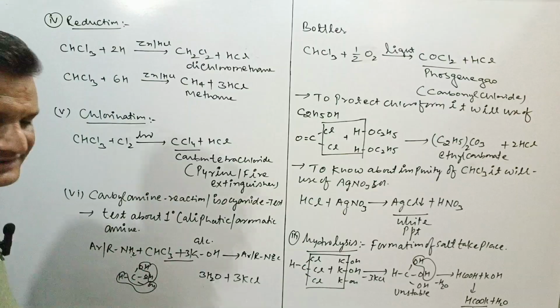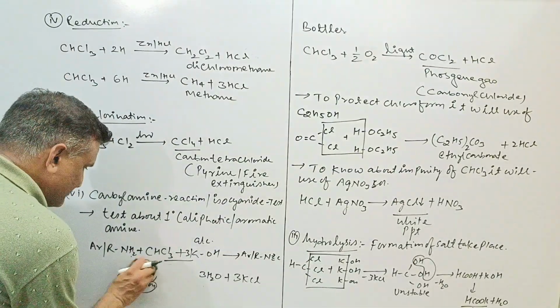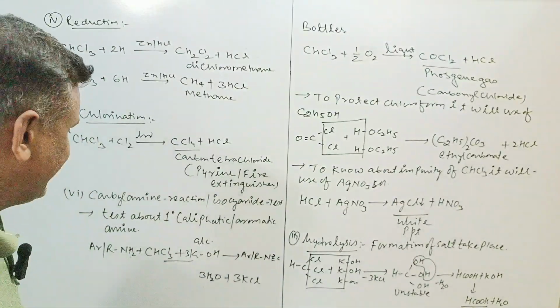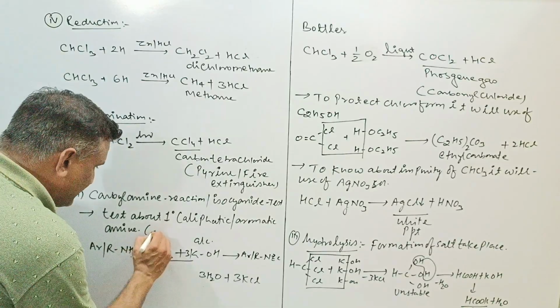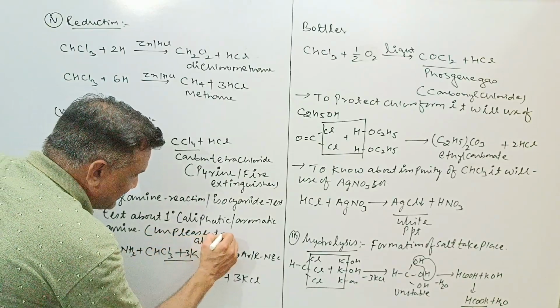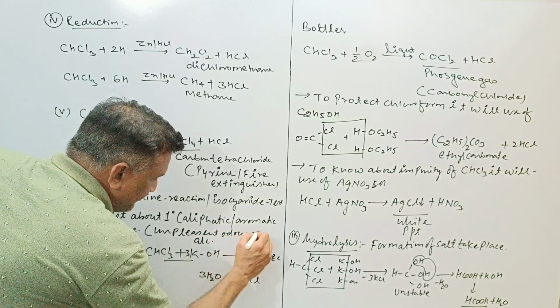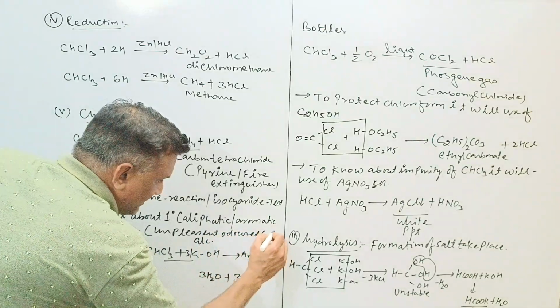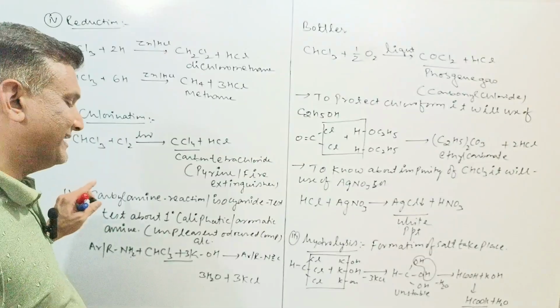This is called isocyanide, and isocyanide gives an unpleasant odor, like a rotten dead body.